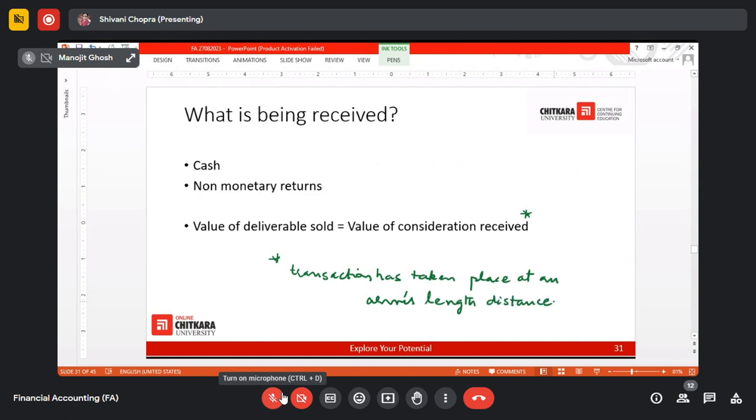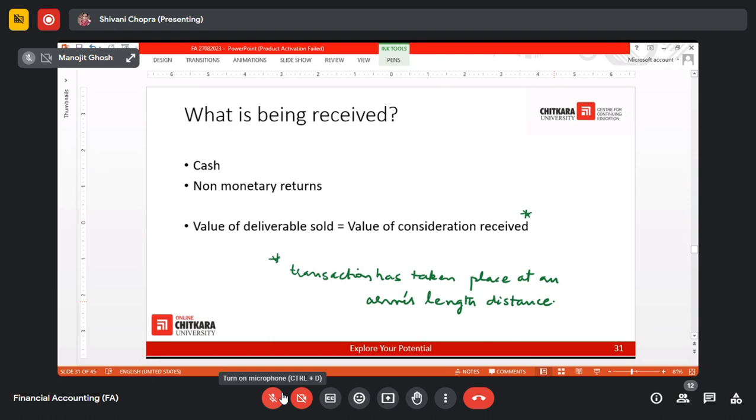That is the meaning of this value of deliverable sold and value of consideration received. But it should not be a related party transaction. Otherwise, we won't be in a position to make an assessment of the fair value that has been received as part of sale.